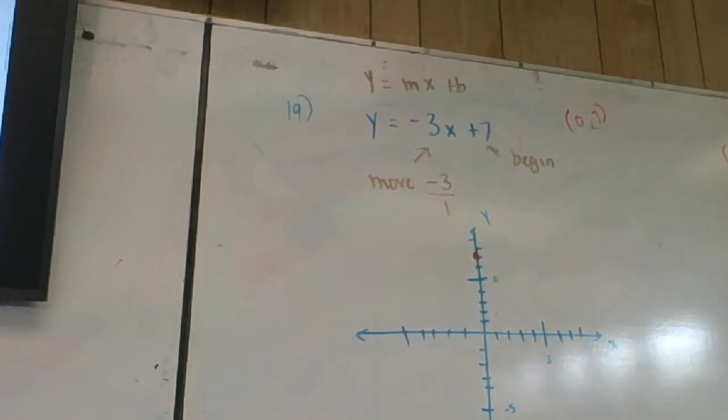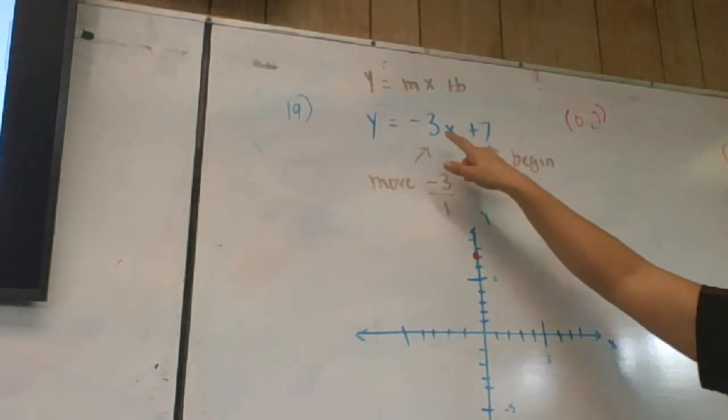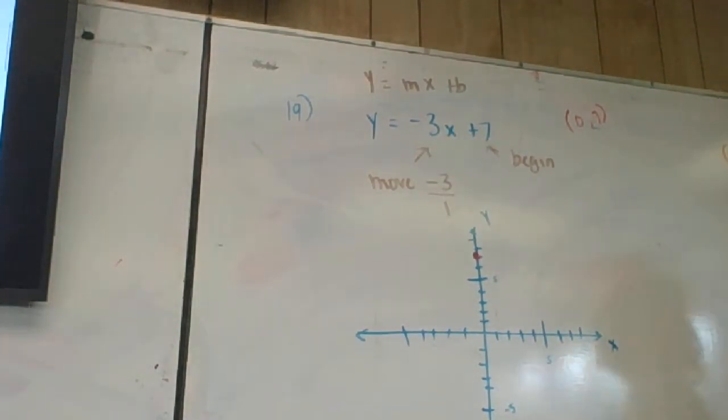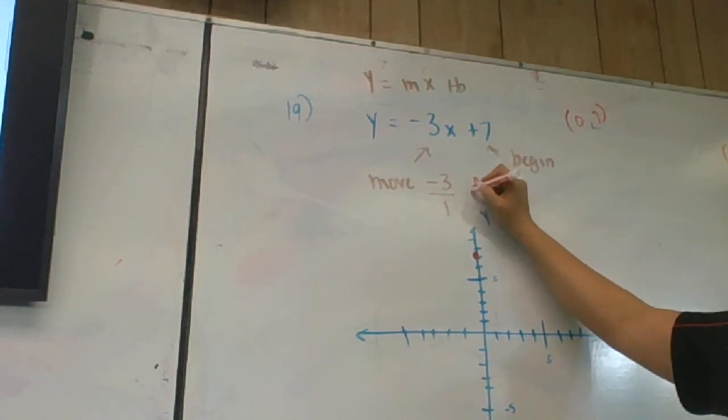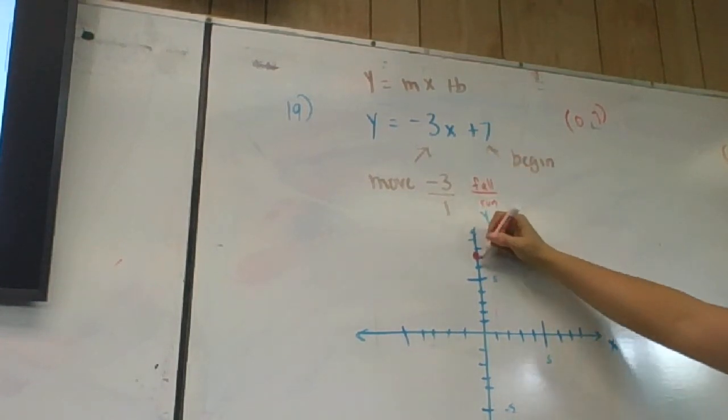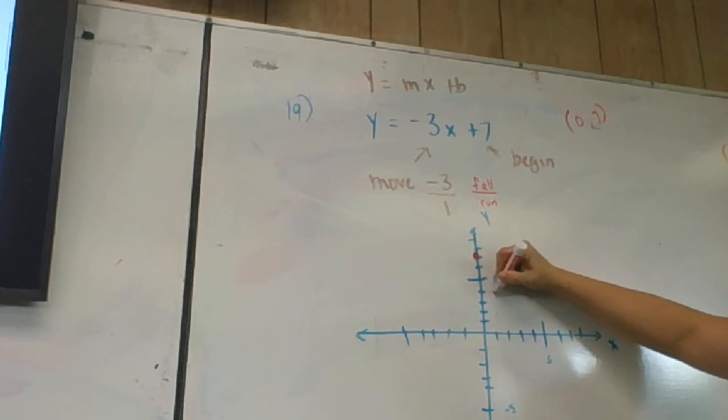And then you're going to move. This time I'm going to move because it's negative. A lot of people say rise over run, and then I said, sometimes you fall over run. So since this is negative, I'm going to fall 3. So I'm going to count down 1, 2, 3, and go over 1.